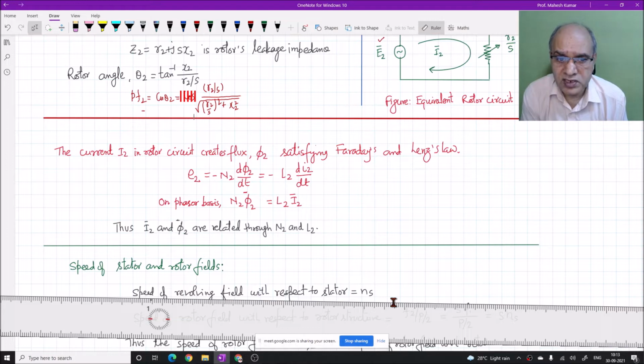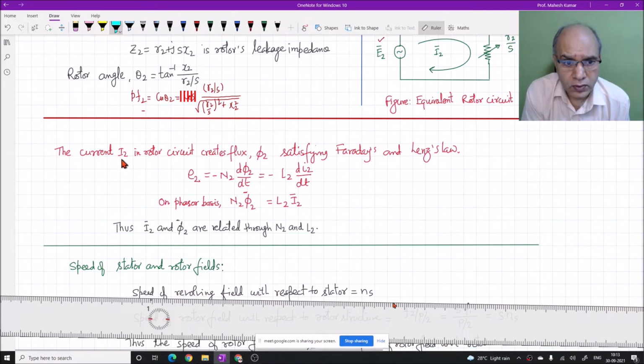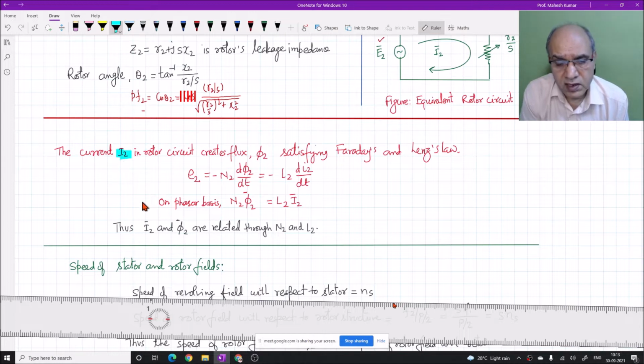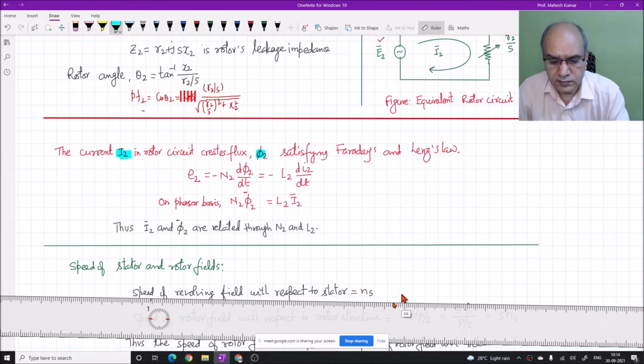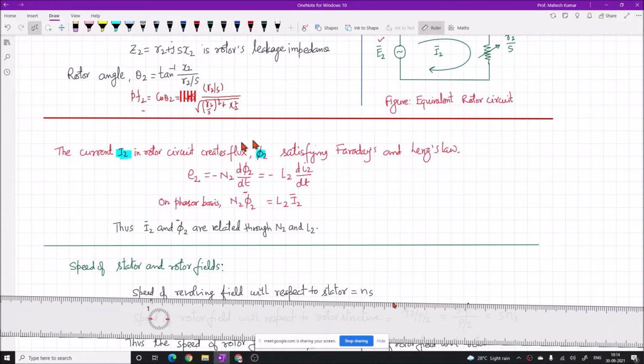In the rotor circuit, let us say that this current I2 creates the flux phi 2. Each current is associated with some flux.